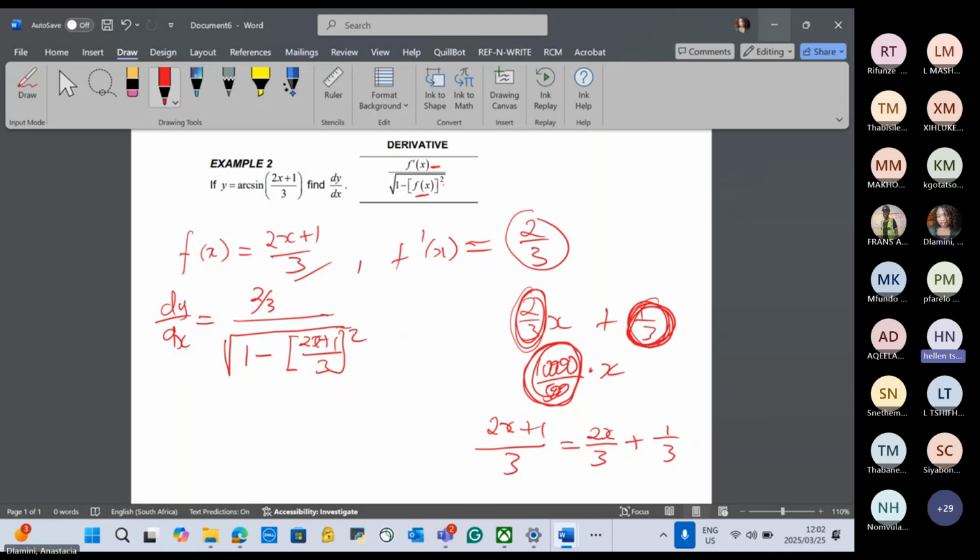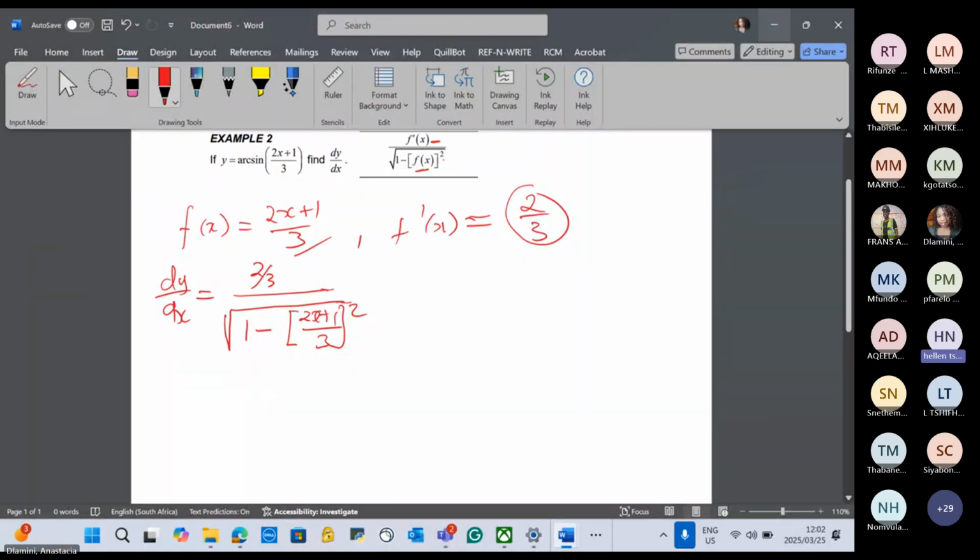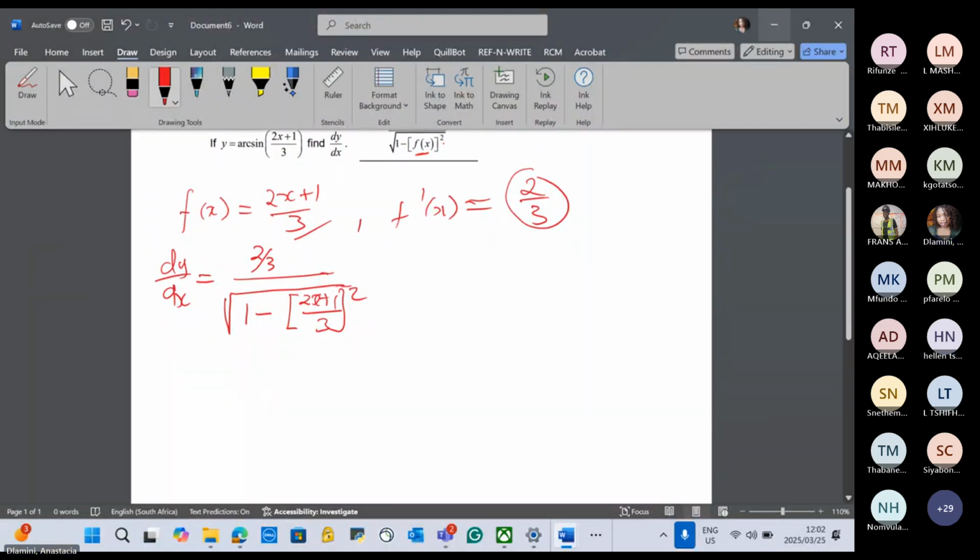So it means the denominator we leave as it is. Thank you, ma'am. Any other question? No question? Okay, so now what can we do from here? Let's help each other.